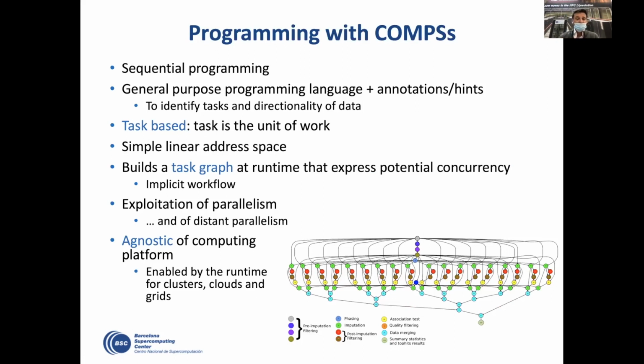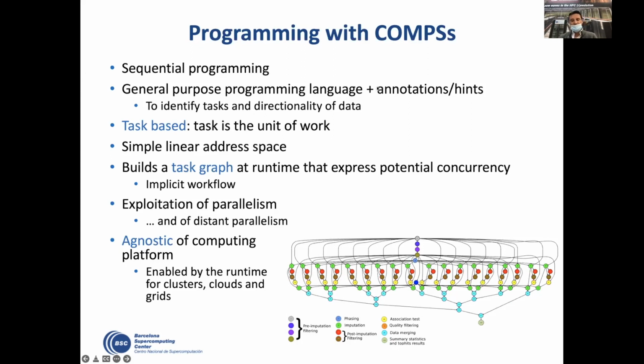You use your general-purpose programming language, such as Python or Java, and we annotate the code to identify the parts of the code that can be tasks. These annotations are hints to the runtime, to then execute those parts of the code as a task on a set of resources. So when we talk about a task-based programming model, a task is the unit of work of COMPSs.